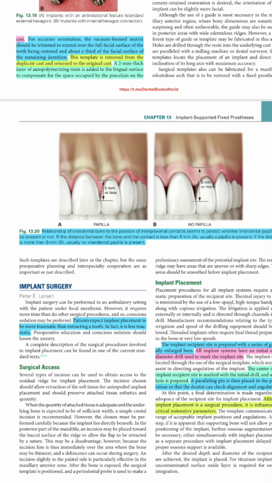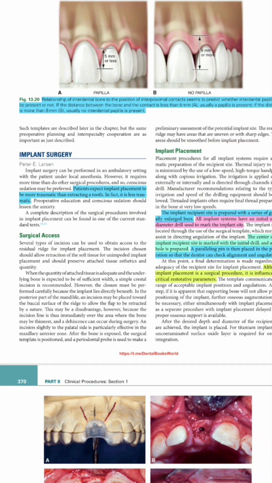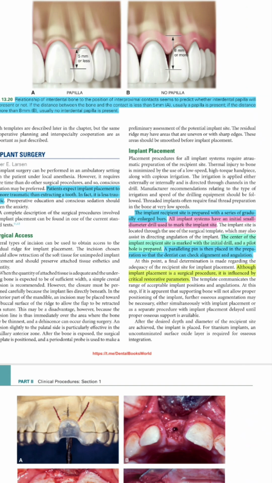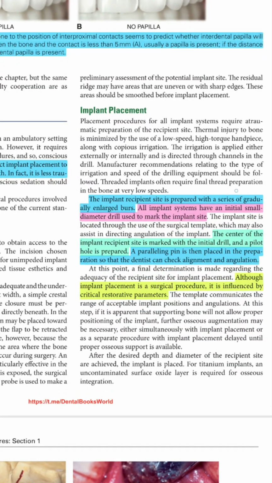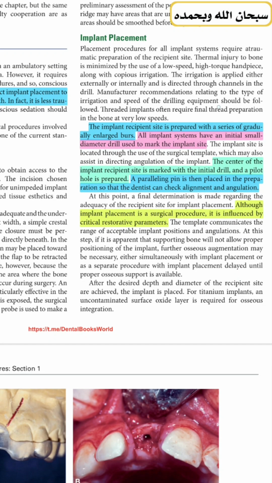Now let's start with the procedure of implant surgery. Patients imagine that the placement of an implant is more traumatic than extracting a tooth, but in fact it is less traumatic. Usually the implant site is prepared with a series of gradually enlarging burrs, where we start with an initial small diameter drill to mark the implant site.